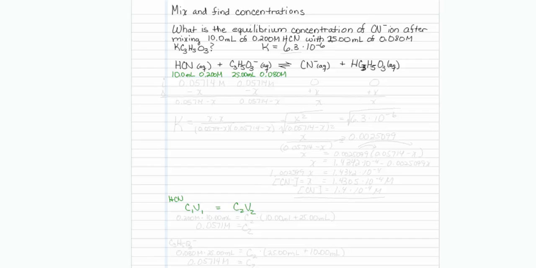The initial concentration is 0.200 molar. My initial volume is 10 mL. And I would like to know what is my final concentration when I take the 10 mL that's already in and add it to the 25 mL of other volume that I'm mixing it with.